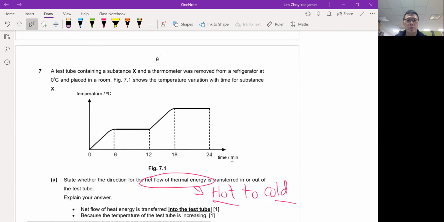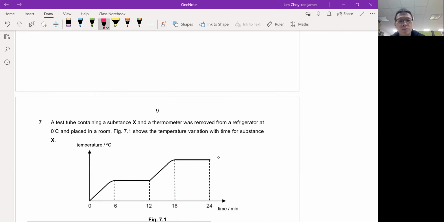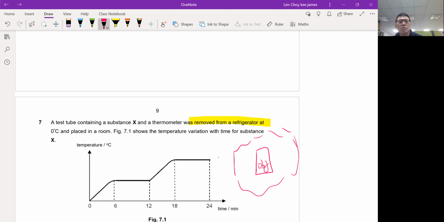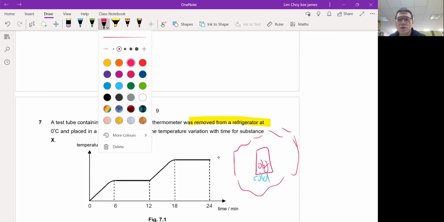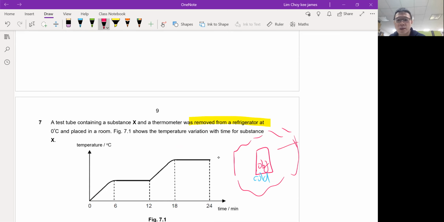So in this question, because the object is removed from the fridge, you have to read the question. It's removed from the fridge, which means that the object is actually colder than the surrounding environment. So the heat transfer direction we are looking at is, because the object is colder than the environment, heat transfer will be from the exterior to the interior.